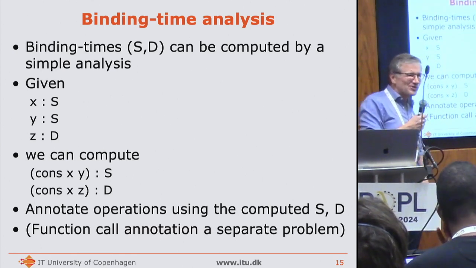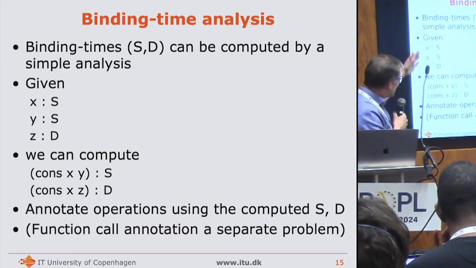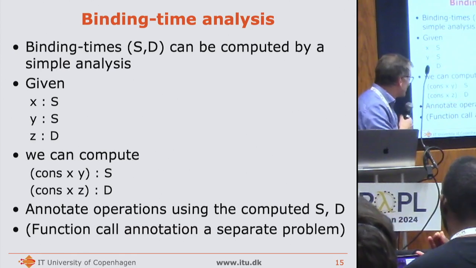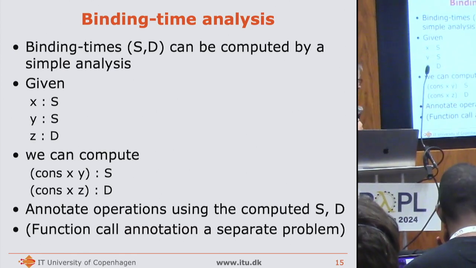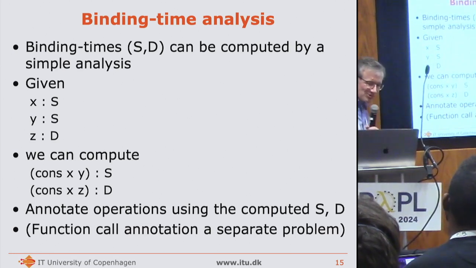He had been working with explicit binding times previously, but we wrote this simple analysis that can compute the binding time of values and then automatically annotate the operations using these computed binding time values. Function call annotation, as I said, was a separate problem.